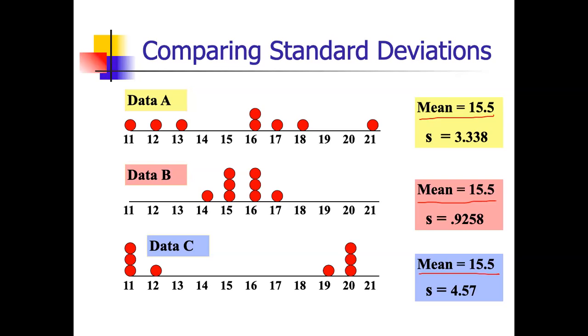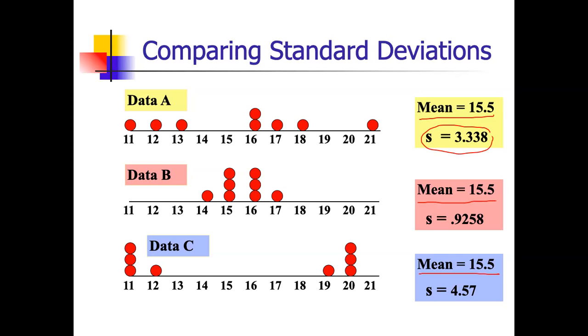However, if you notice how our data values are distributed, they are not all the same. So how come the mean values are all equal for all three of them when in fact they are distributed differently in each data set? Let's examine that. The standard deviation of data A is given to be 3.338.